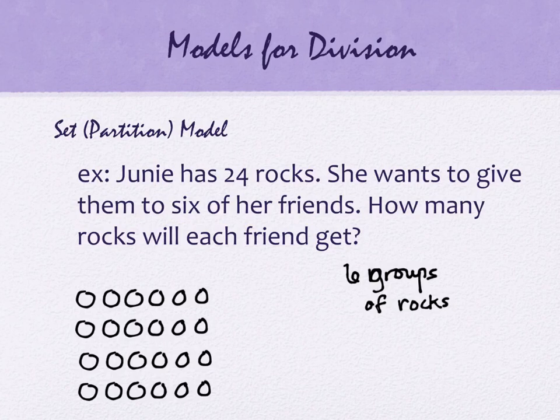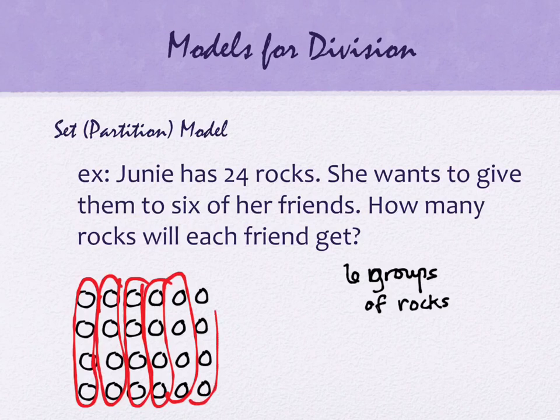Now, the way I drew them was actually kind of nice, and it wasn't really intentional because I did them in an array, which is a 4x6 array. If I had done them in a 3 by something, it might not have worked out so nicely to see it. But because I have 6 rows, you can see easily that I have 6 groupings. There's 1, 2, or you can see what the grouping sizes are, I guess. 3, 4, 5, and 6, right?